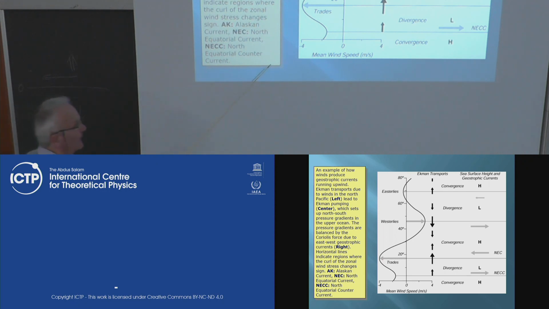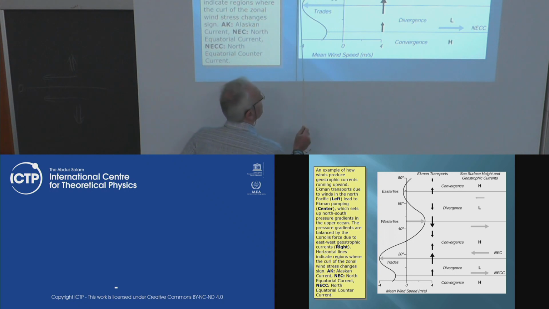So how does this reflect in the ocean? This is another interesting thing: what does this kind of wind pattern cause in the ocean? If we have trades blowing in this direction, in the northern hemisphere the transport is to the right-hand side with respect to the wind direction. So we have northward transport up to about 30 degrees north.